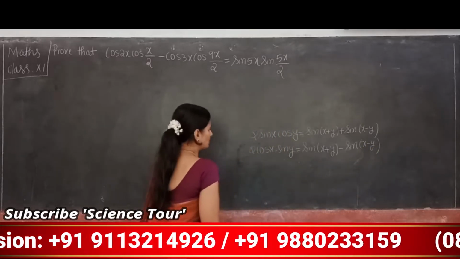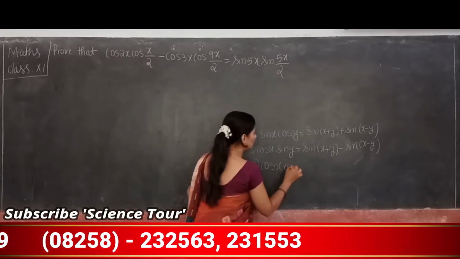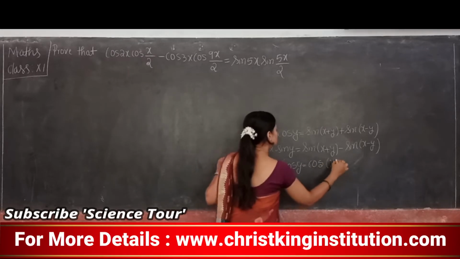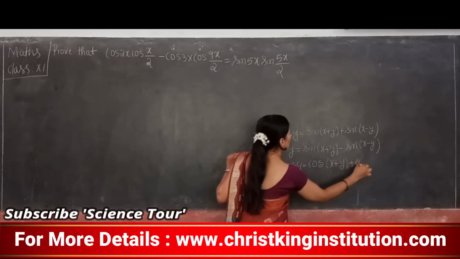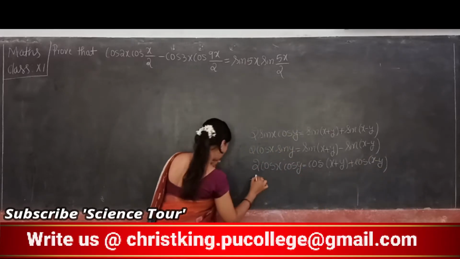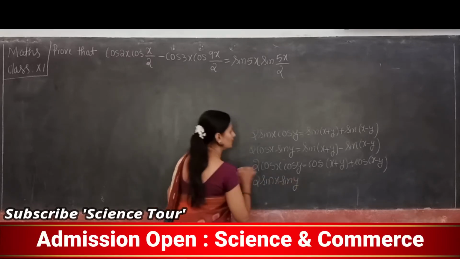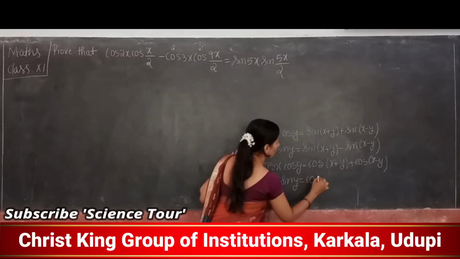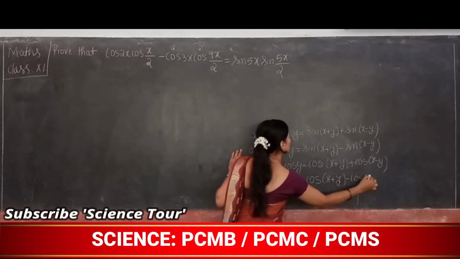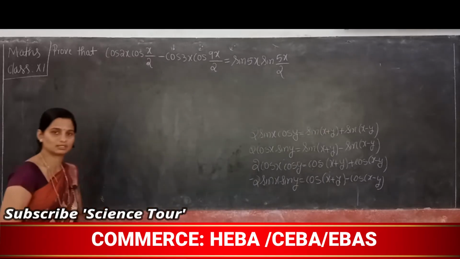Now next is 2 cos x into cos y, which is equal to cos(x+y) plus cos(x-y), right? One more last formula is minus 2 sin x into sin y, which is equal to cos(x+y) minus cos(x-y). Correct, no? These are the 4 formulas, right?